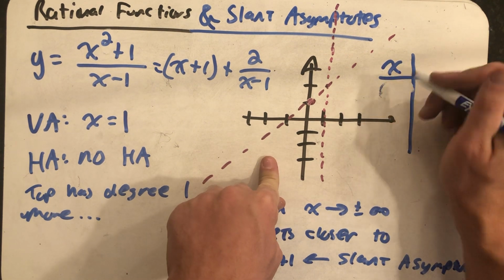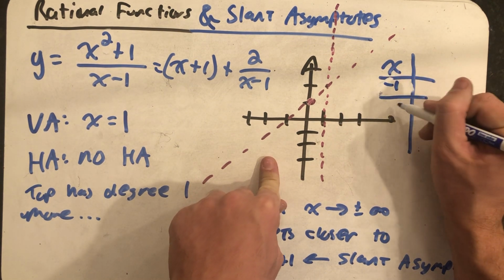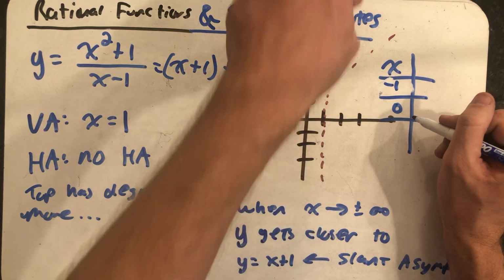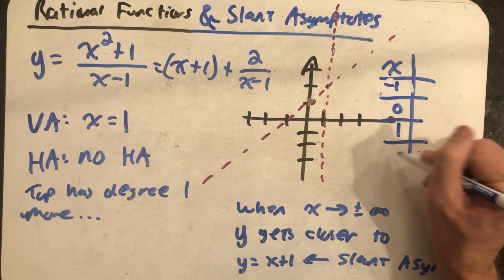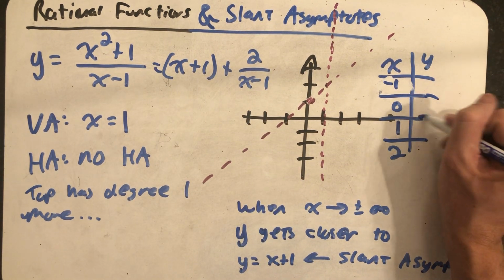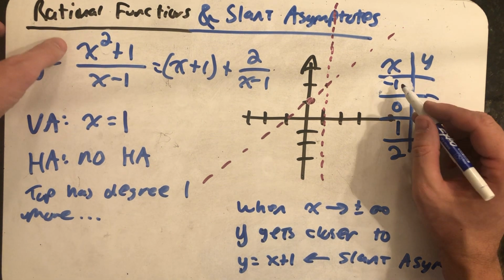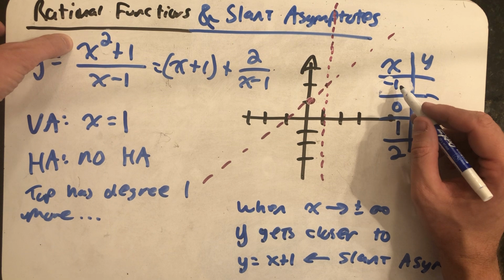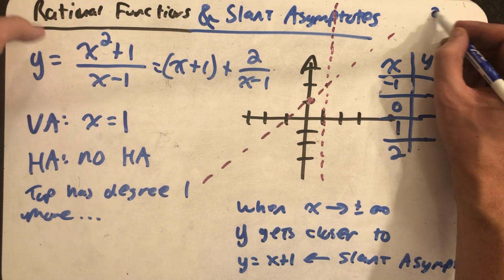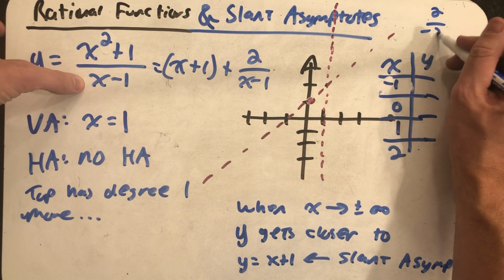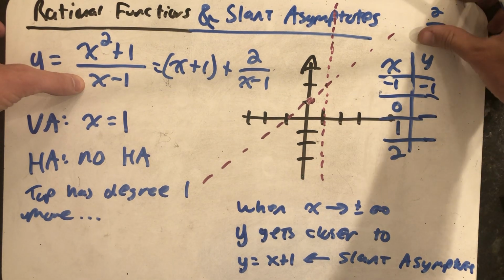Let's use minus 1, 0. Can't use 1, that's where my vertical asymptote is, 1 and 2. And we can just plug them into the original function. So on top here I'd have minus 1 squared is 1, plus 1 is 2, and on the bottom I'd have minus 1 minus 1 is minus 2, I get out a minus 1.